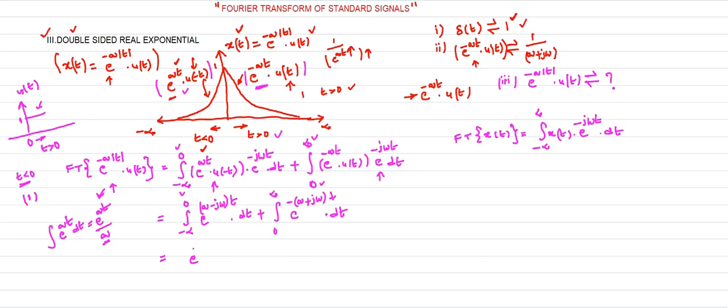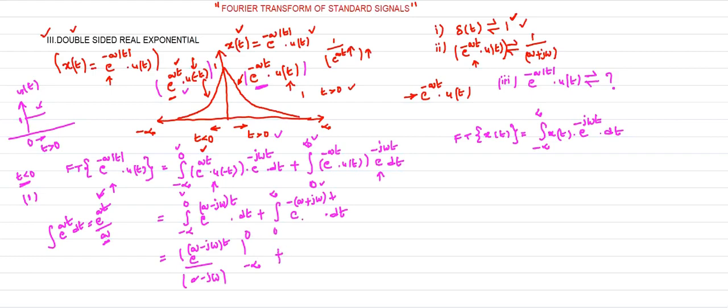Therefore the integral of e power a minus j omega times t is e power a minus j omega times t, divided by a minus j omega. So substitute the limits of integration. Here minus infinity to 0 is the limit.